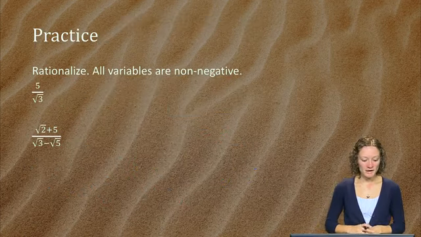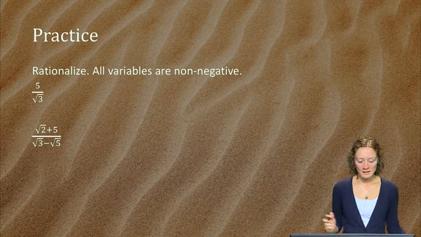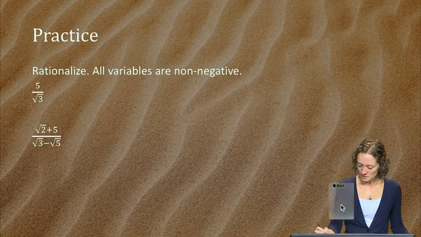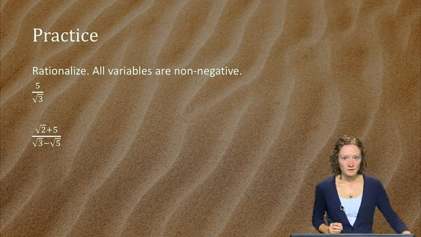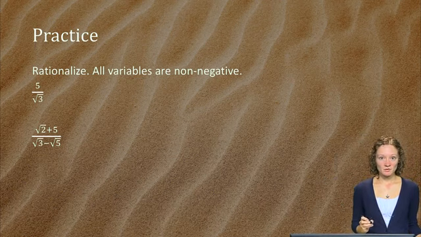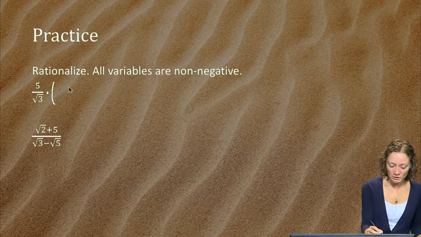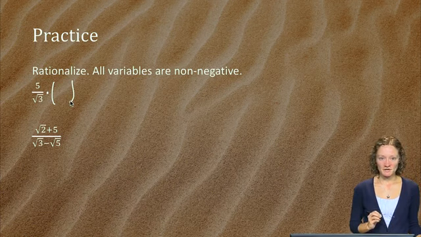All right, so 2 practice problems. Go ahead and go through these on your own, and we'll go through them together in a moment. Okay, so the first problem, rationalize, ultimate goal, to not have the radical in the denominator. So we choose to multiply top and bottom by something specific.